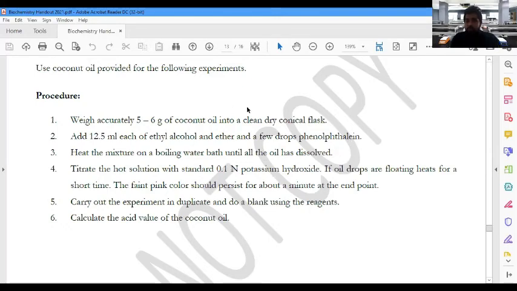In order to increase the accuracy of this titration, you have to do a blank titration, and you have to do this titration at least another 3 times. When we know the exact volume, exact weight, and the final burette reading, we can calculate the acid value.